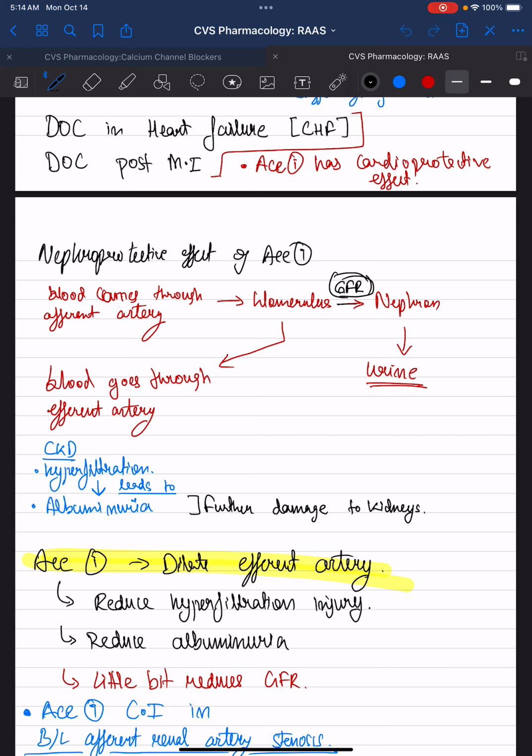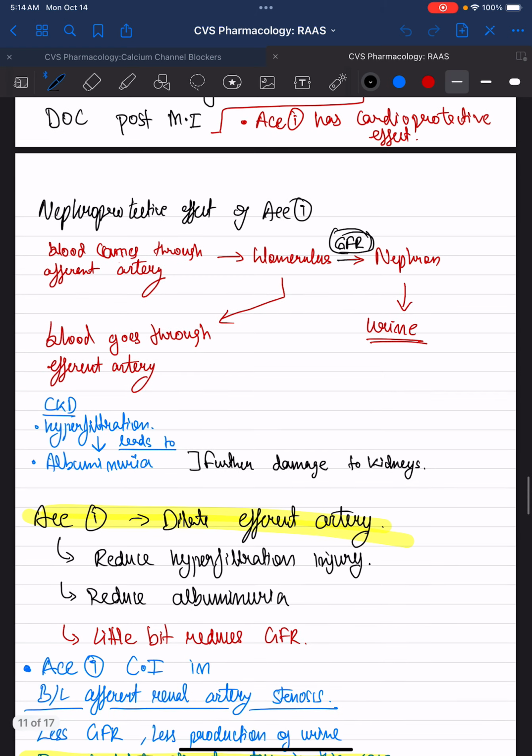So, suppose the blood comes through the afferent artery of the nephron, it goes to the glomerulus, and the filtrate goes to the nephron, then the filtrate comes out in the urine, and the blood goes out through the efferent artery.